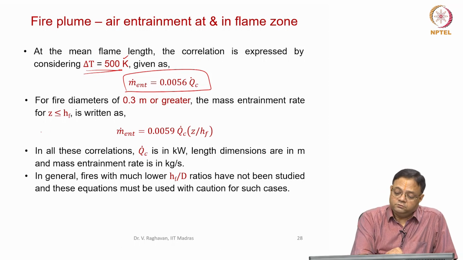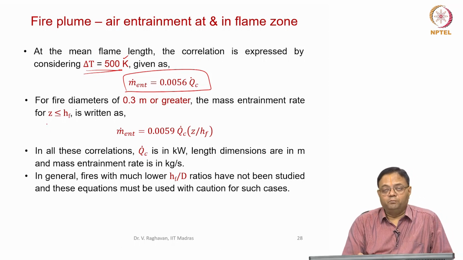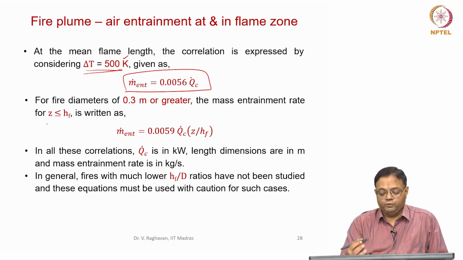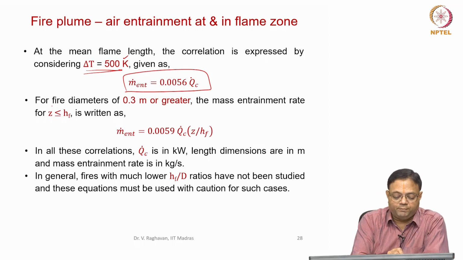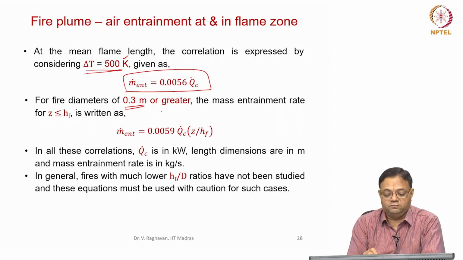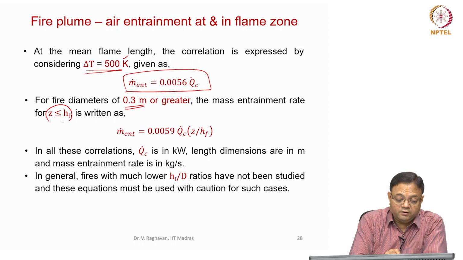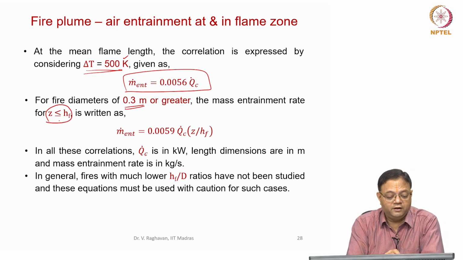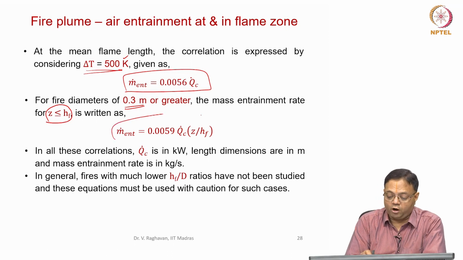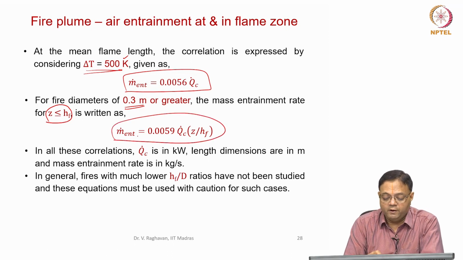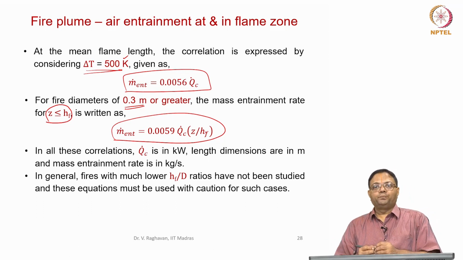Now, based upon the experimental results, several correlations are also given. For example, for fire diameter of 0.3 meter or higher, within the flame zone, Z less than or equal to HF, a correlation is given as m dot ENT equal to 0.0059 Q dot C into Z by HF.